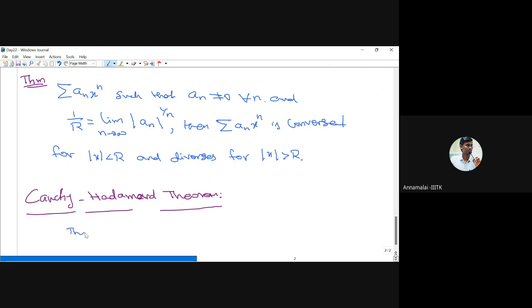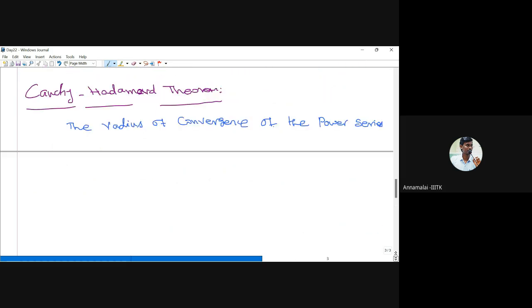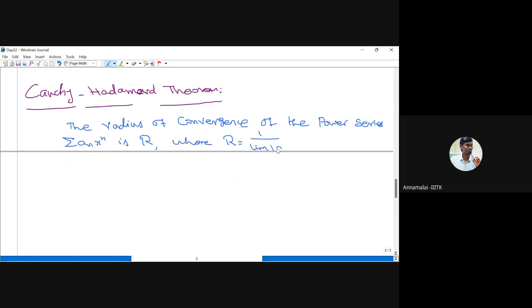The radius of convergence of the power series summation an x power n is R, where R is nothing but 1 by limit modulus of an power 1 by n. This formula is called the Cauchy-Hadamard formula.